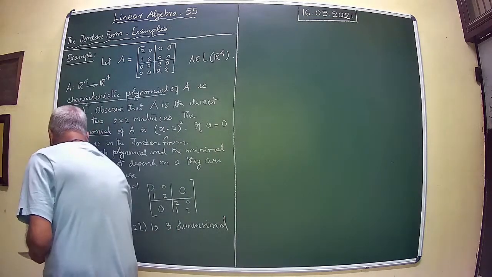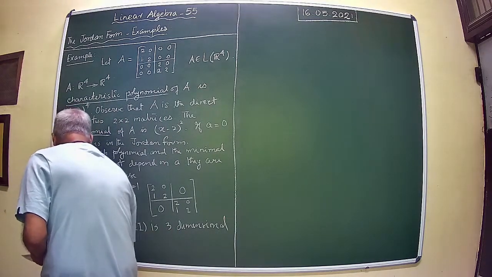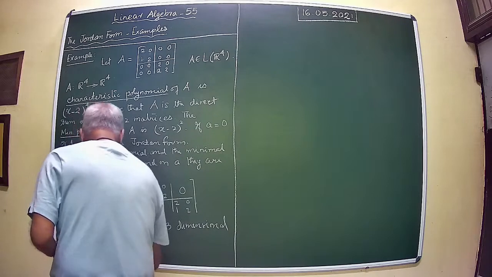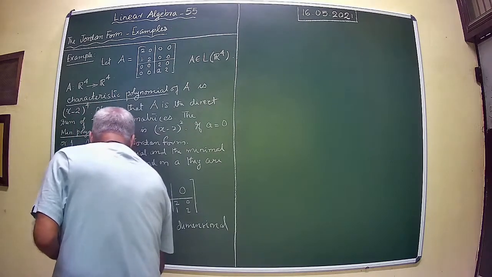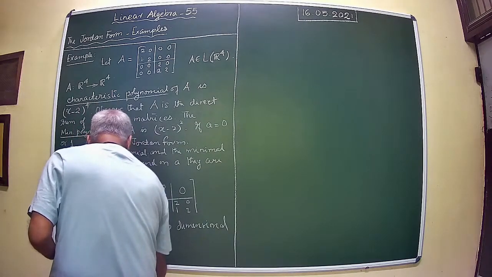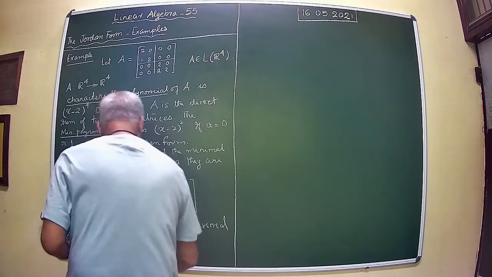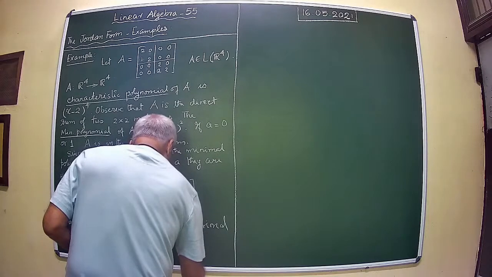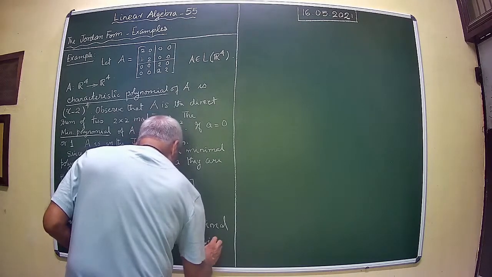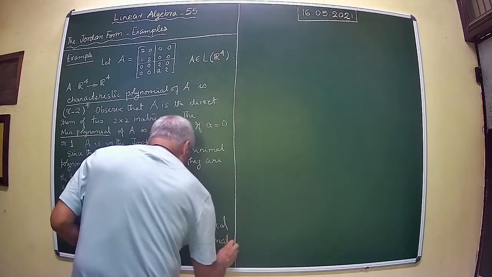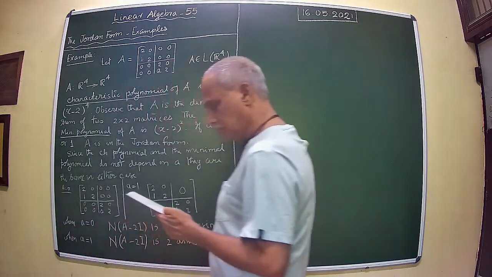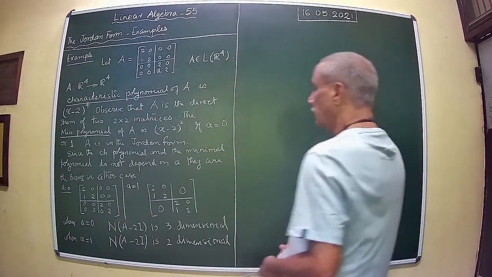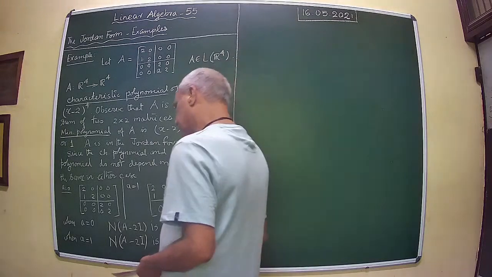Now when A equal to 1, the null space of A minus 2I is 2-dimensional. Therefore, the two operators are essentially different.